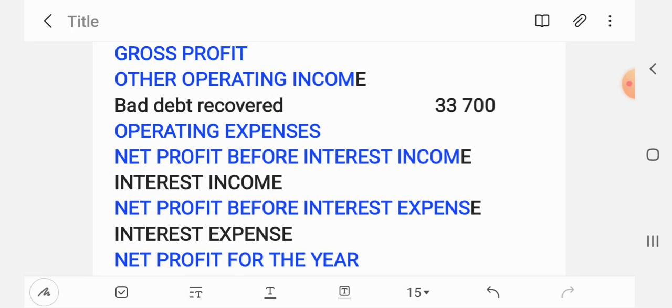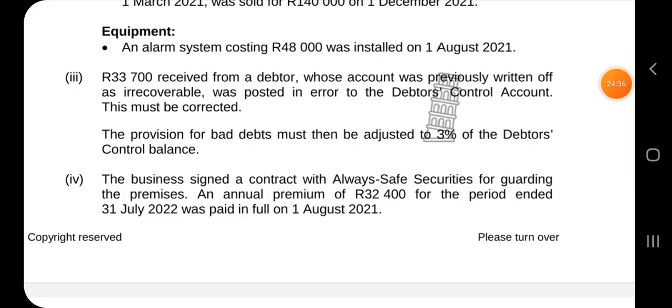I just like to do the income statement with the adjustment as I go. And then there's also the provision for bad debts adjustment, which must be adjusted to 3% of the debtors control balance.